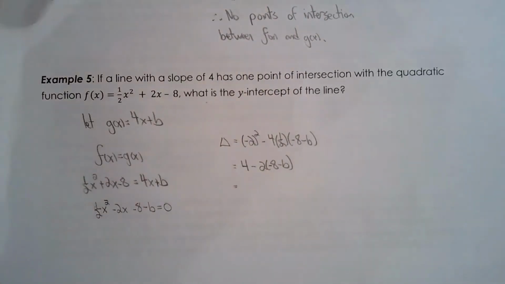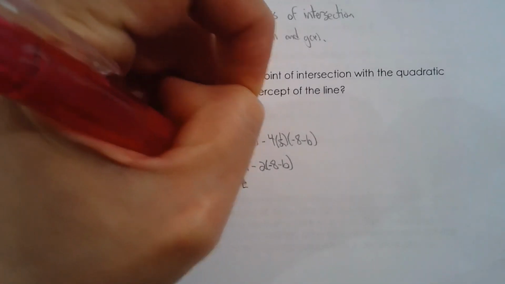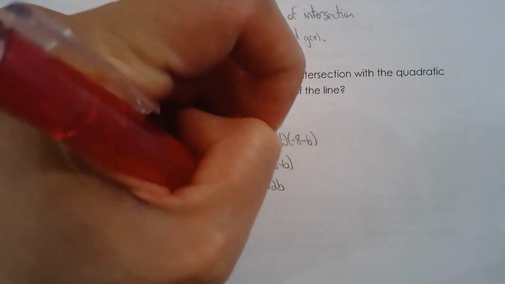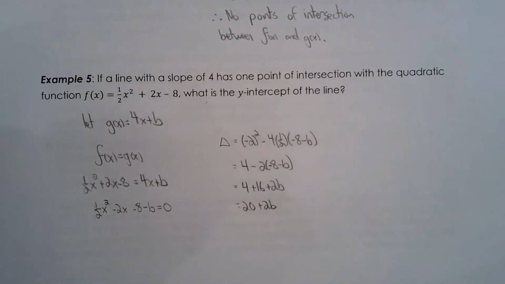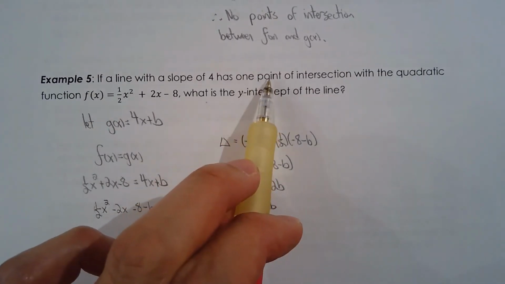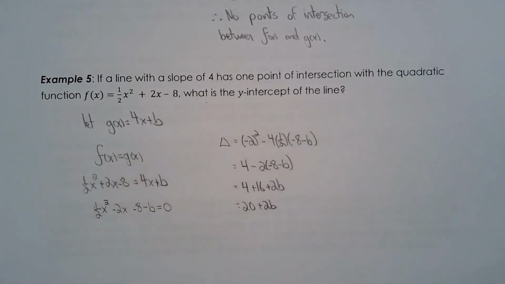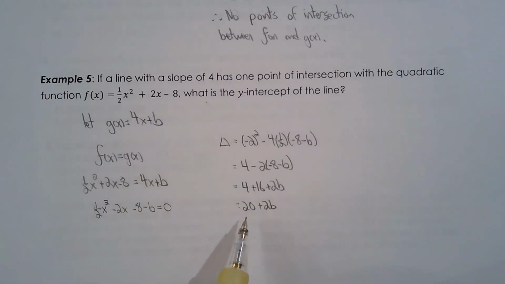Let's just keep simplifying this, why not? All right, now there's one very important fact that I haven't used yet, which is 1 point of intersection. There's 1 point of intersection between the line and the parabola. So if that's the case, I take the discriminant, which is equal to 20 plus 2b.